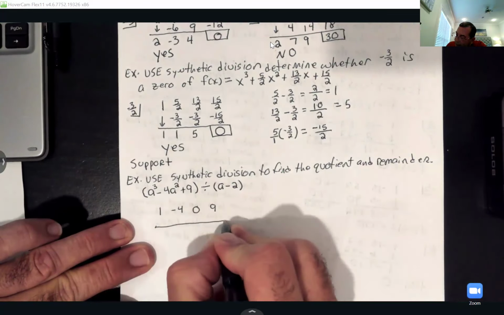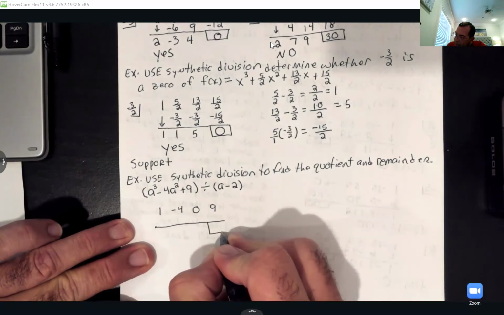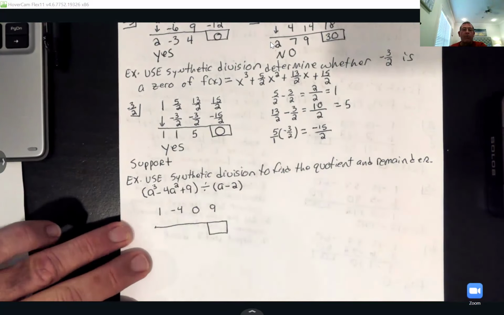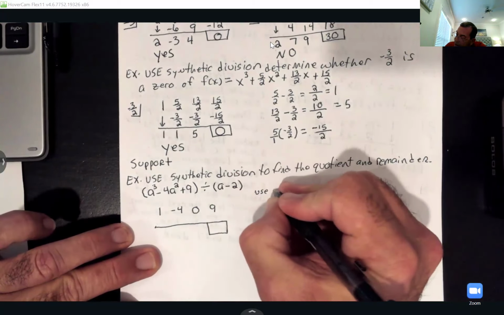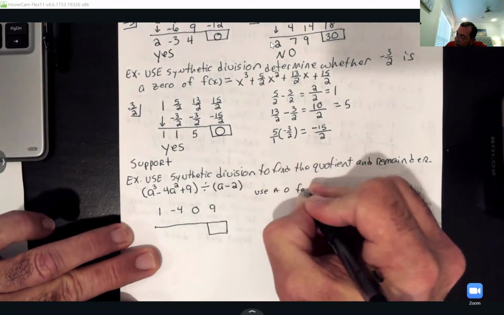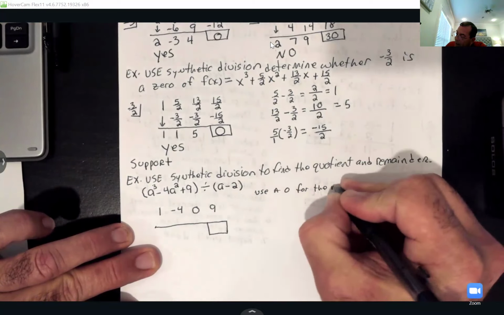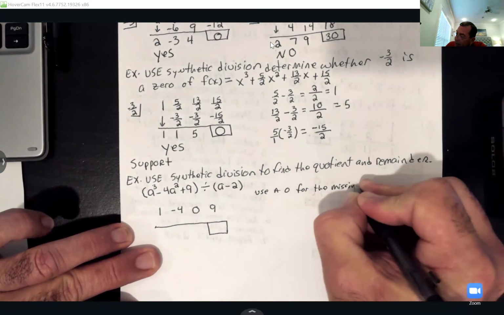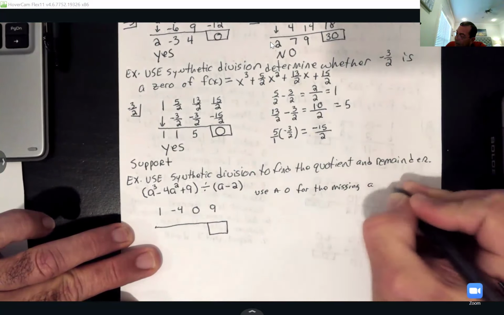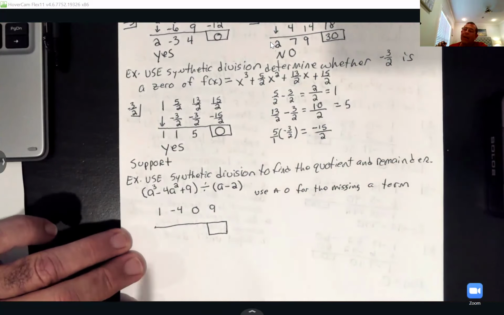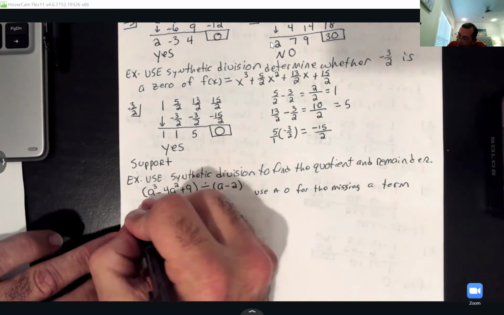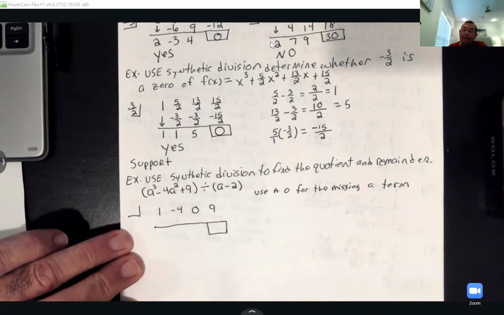Then I'm going to draw my box. So over here, the first thing I'm going to say is I use a 0 for the missing a term. Okay. Now, here's the second thing about this, or C on this.